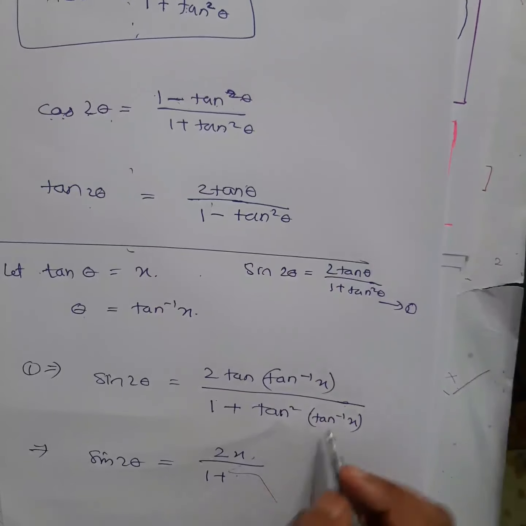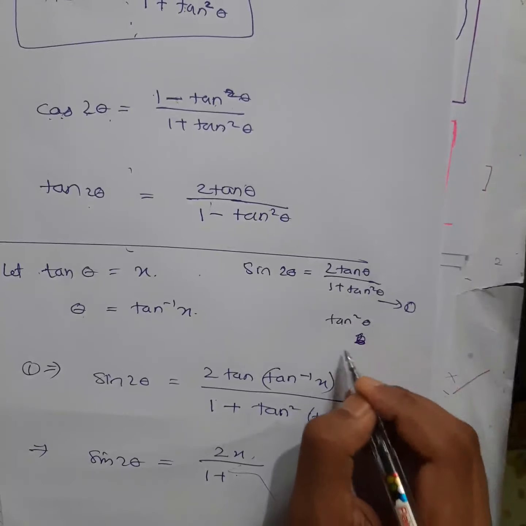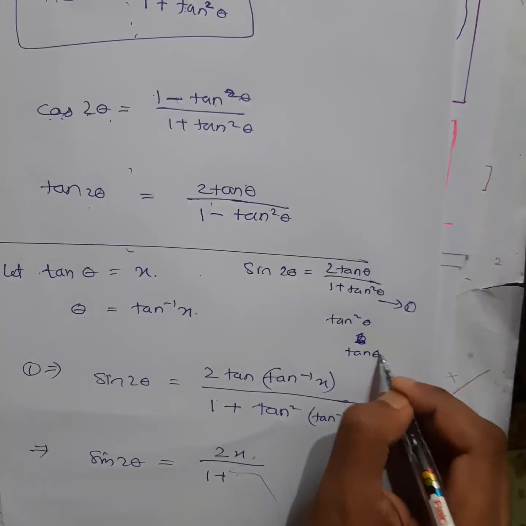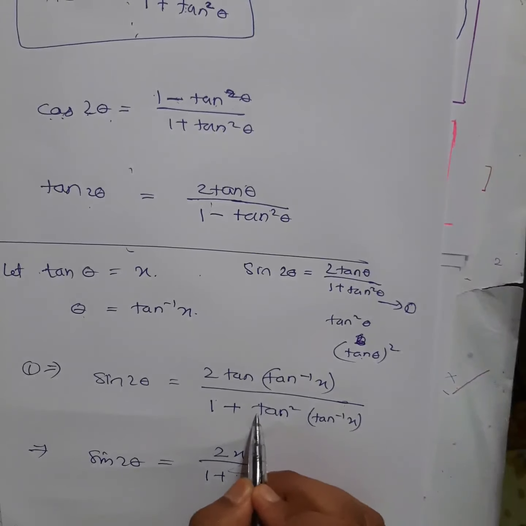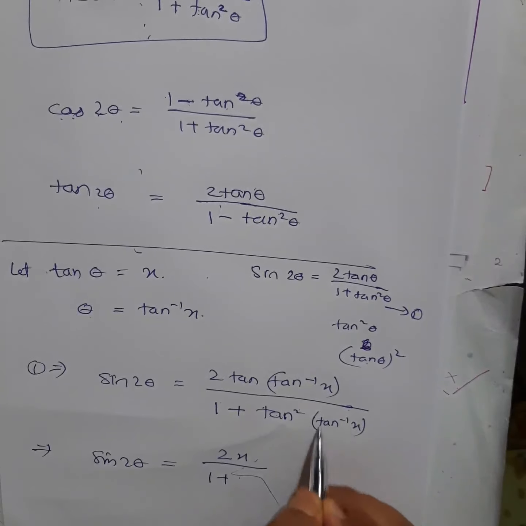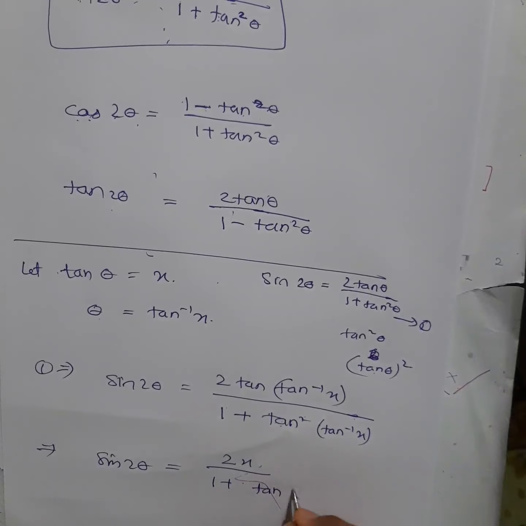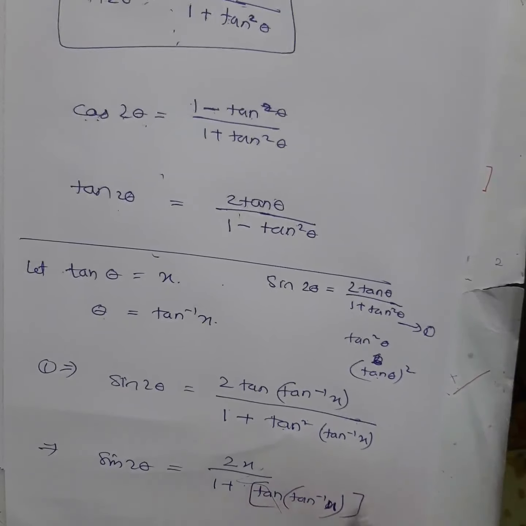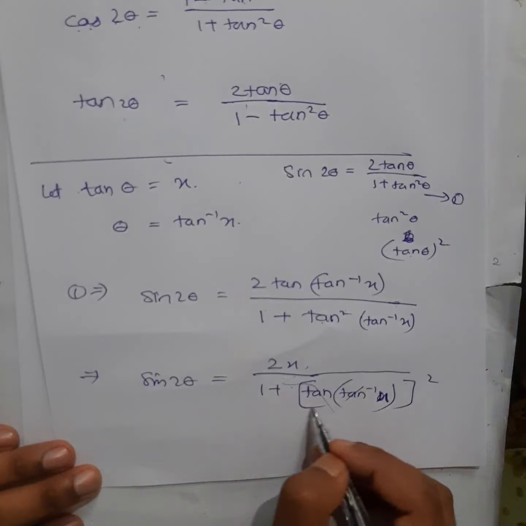Now see here, tan square theta, can I write it as tan theta whole square? In normal trigonometry you can bring the square outside. Since you are doing it for the first time, I'm writing it this way.